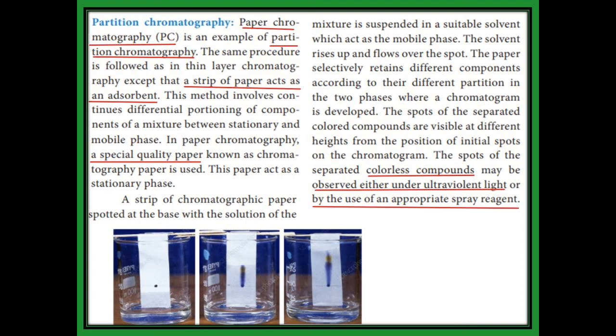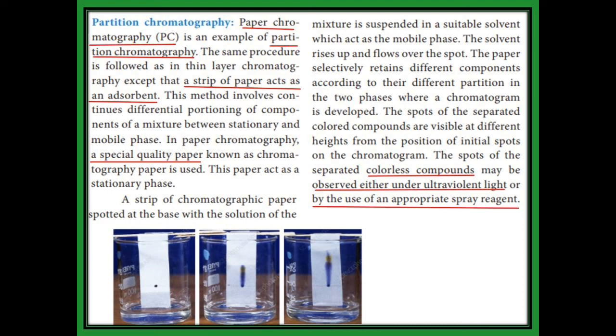See the first diagram. In the first picture, one dot is present on the paper, and that dot is a mixture of compounds. Then the paper is now placed in the jar containing the solvent. What will happen? The solvent slowly moves through the paper. Why is the solvent moved through the paper?